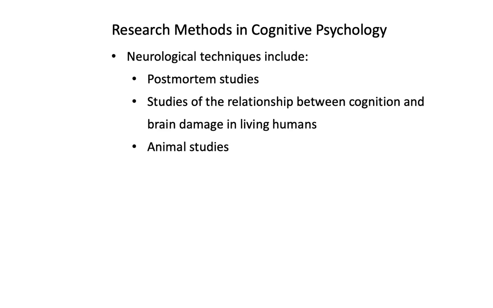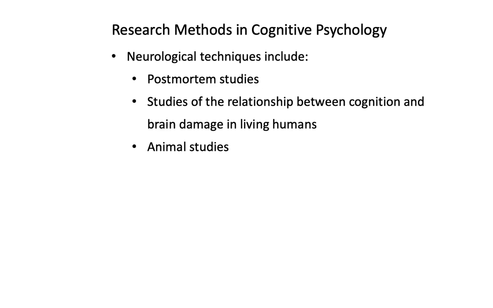Another source of research is studies carried out with animals. And this isn't done because we assume that animals behave the same as humans, like in the case of behaviorism, but this is done for ethical reasons.